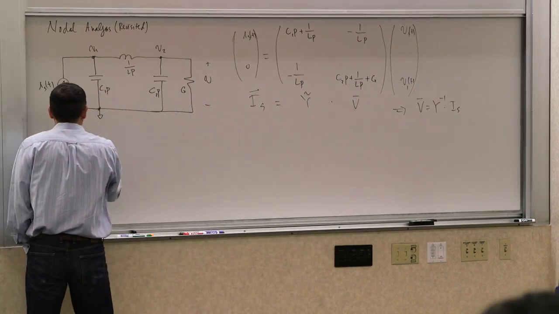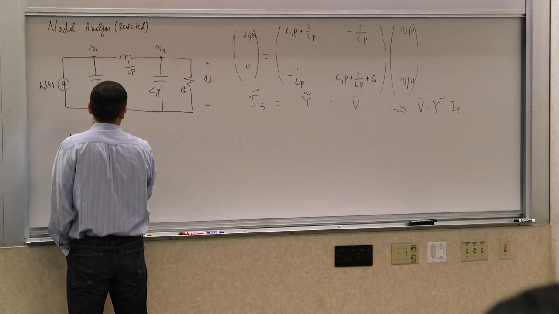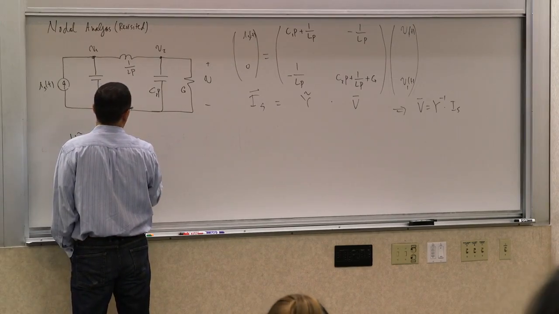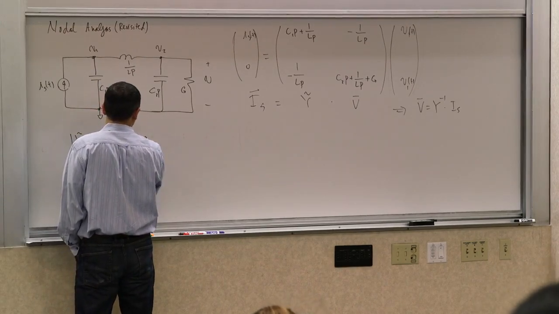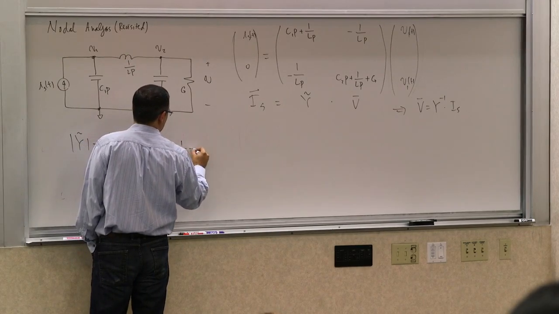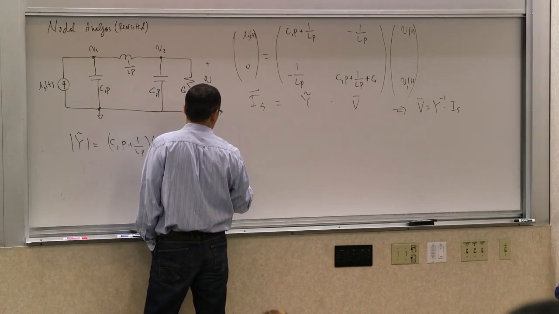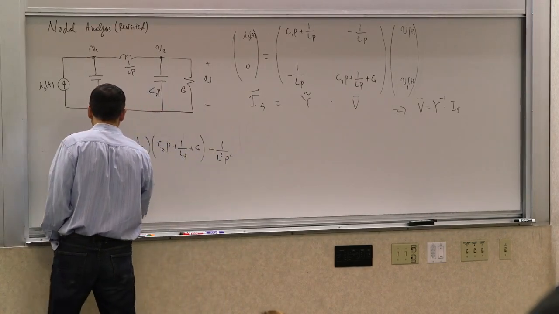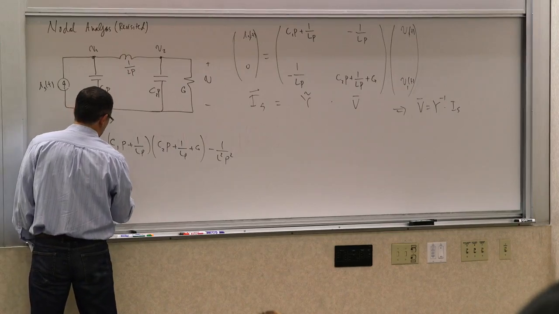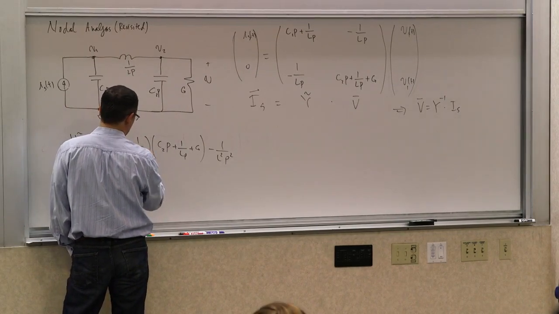So the determinant of Y is (C1p plus 1 over LP) times (C2p plus 1 over LP plus G) minus 1 over L squared P squared, which you can simplify as C1 C2 P squared plus, okay, so this is that one.